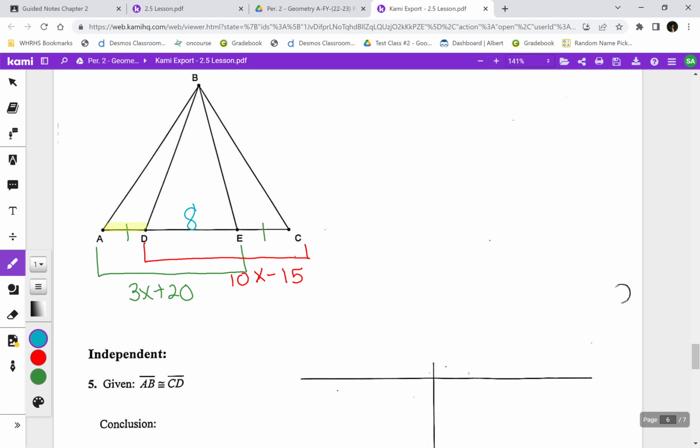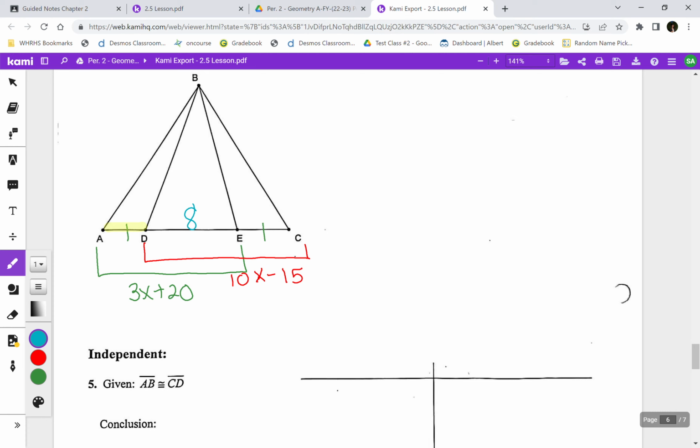We were told that AE and CD are expressions. Since AD and EC are congruent, I can conclude that AE and DC are also congruent. Can someone tell me how I know that?